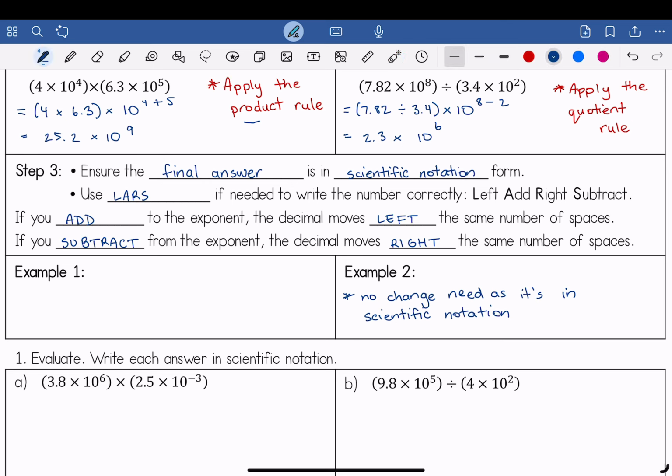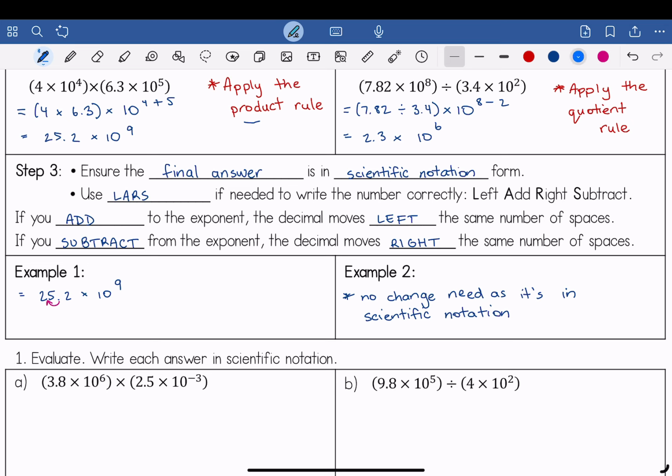Example 1. Continuing on with this step, it is 25.2 times 10 to the power of 9. Now I need to move my decimal to the left to have a number in the ones between 1 and 10.